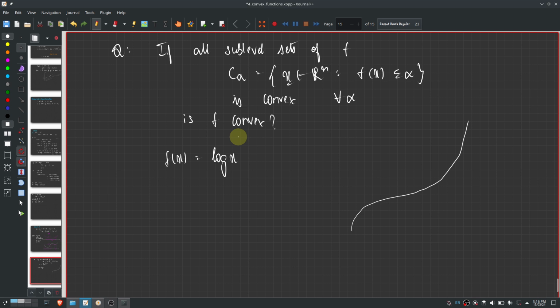If the function is not increasing, again, this is only over R, right? What about general R^n? It's still possible to have non-convex functions have convex sublevel sets.